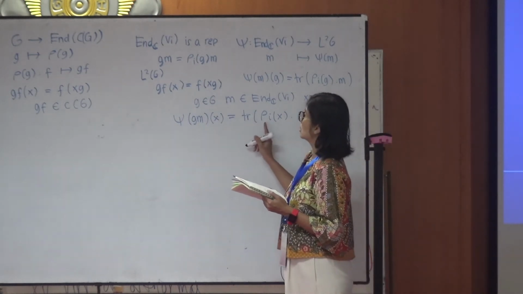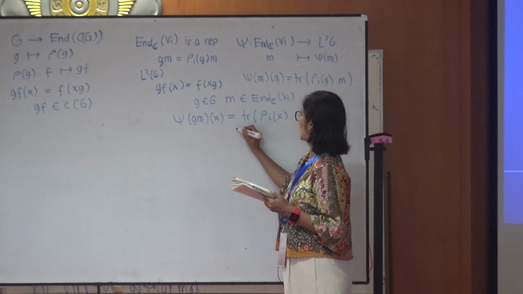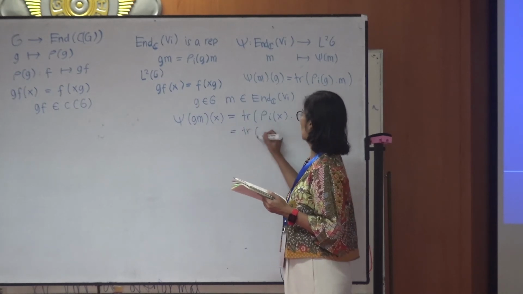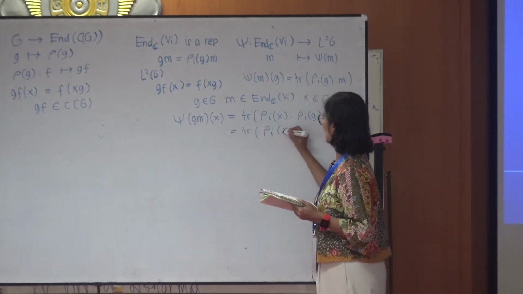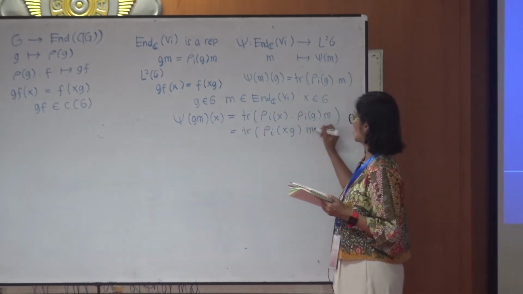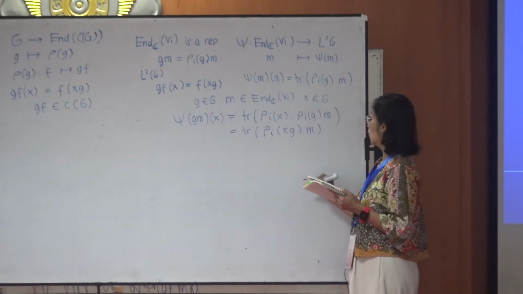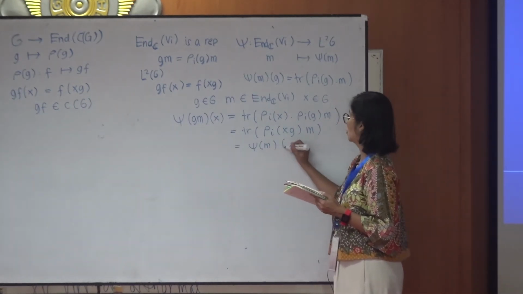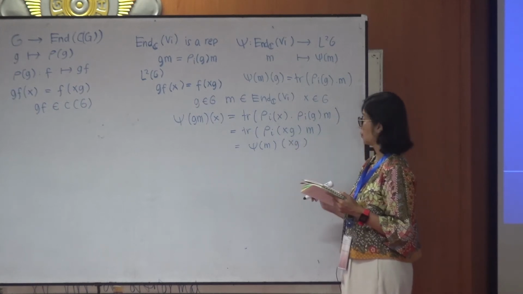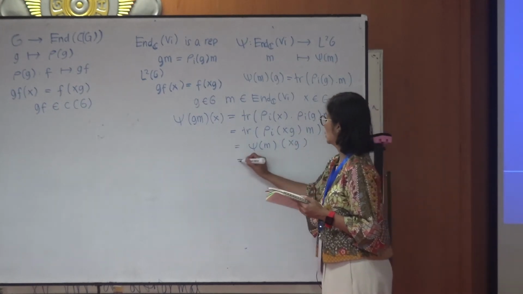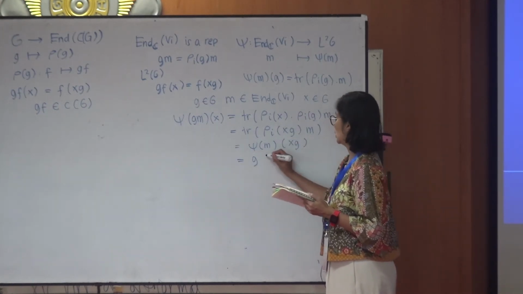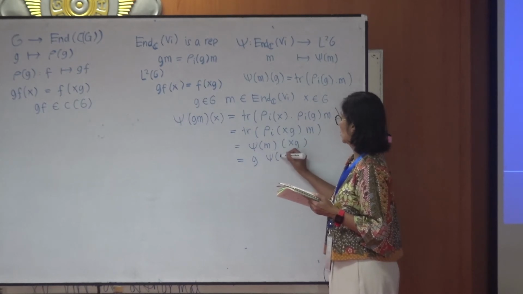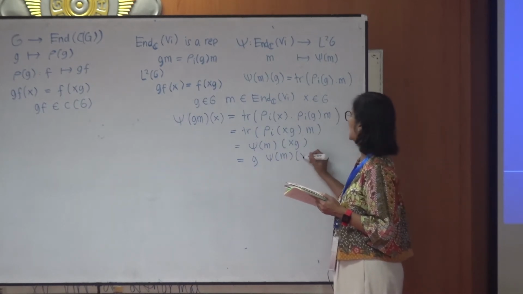And because phi is a homomorphism, you have this, and this is phi m of xg, and this is equal to g of psi m x.